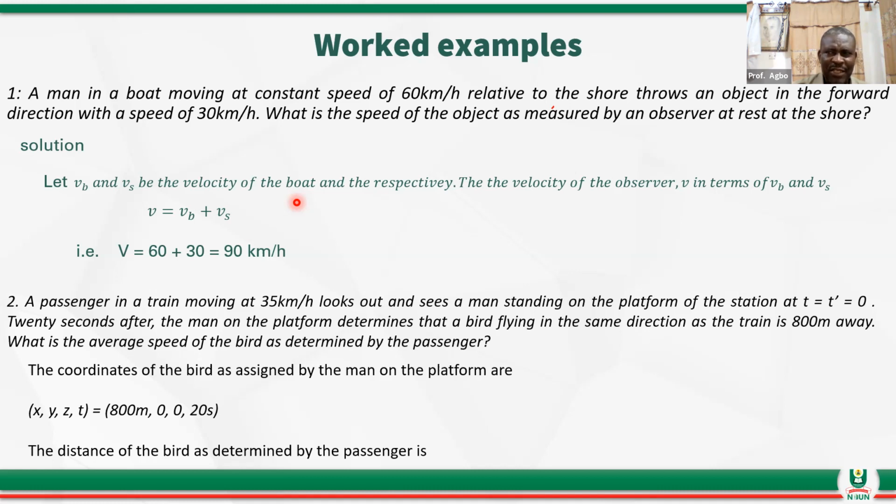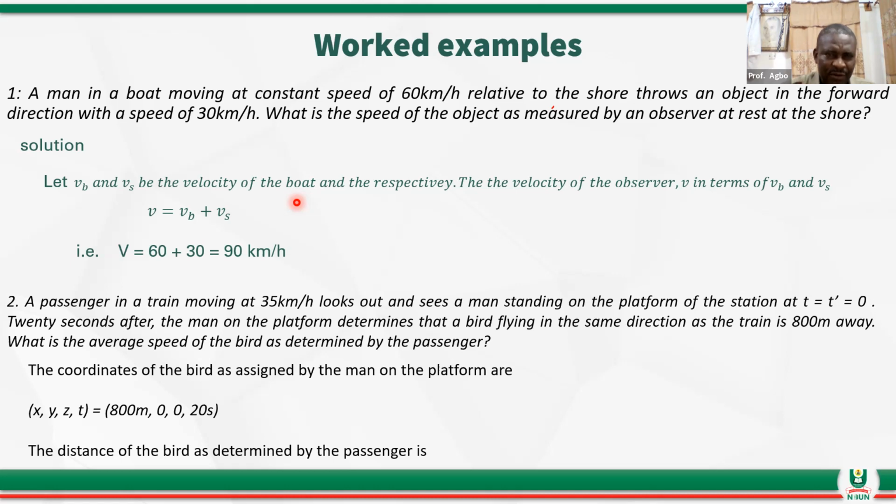So at that time, when he was looking outside, the two coordinate frames, the one that is stationary and the one he's standing on, which is now in motion, both of them coincide, and their time remains the same at t equal to 0, the initial time.